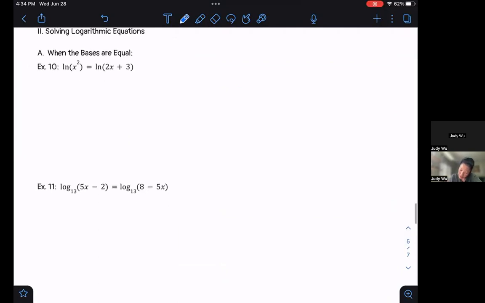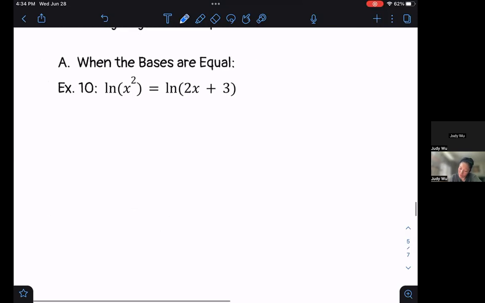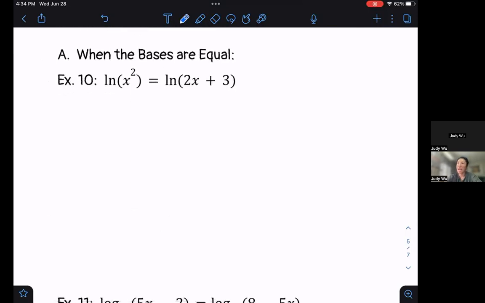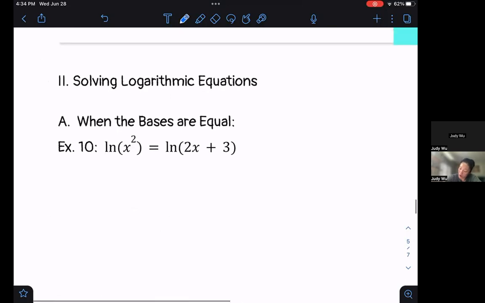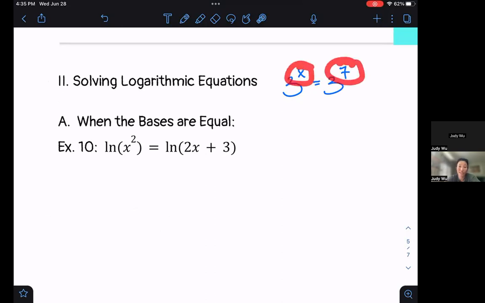All right. So let's start with the cases when the bases are equal. If we think back to the very first question we had, we had something like this: 3 to the x equals 3 to the 7. And I think it made sense for all of us that x then has to be equal to 7, as long as the bases are the same.